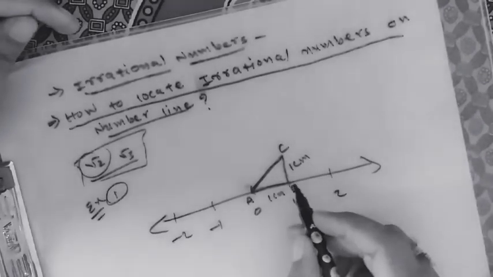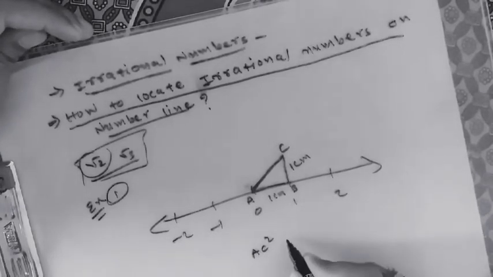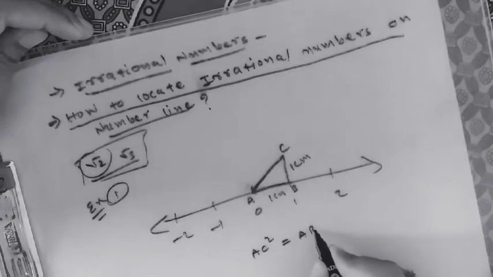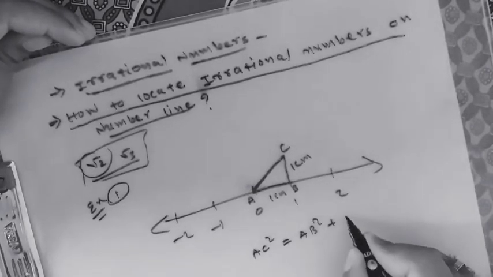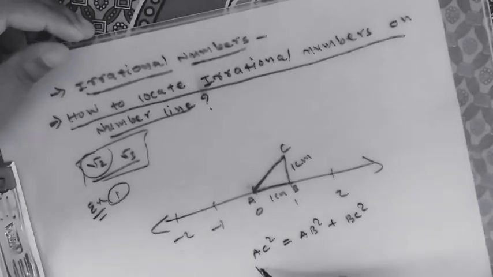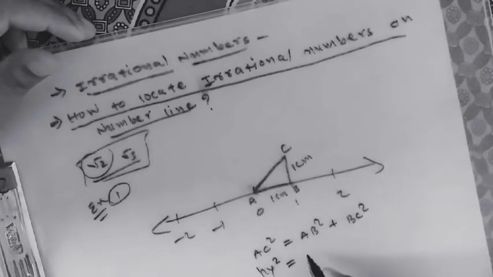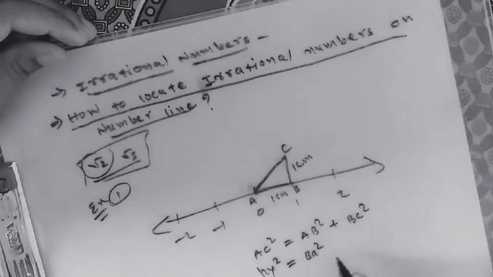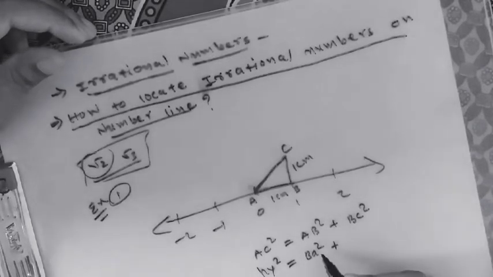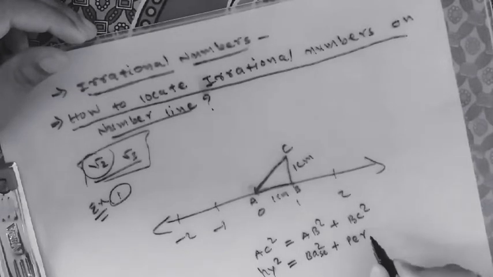Okay. So how? We have from Pythagoras theorem that AC square is equal to AB square plus BC square. We can also represent it as hypotenuse square is equal to base square plus perpendicular square.